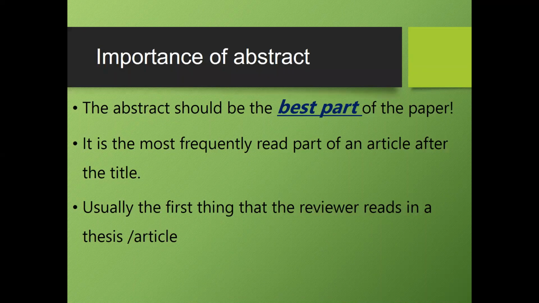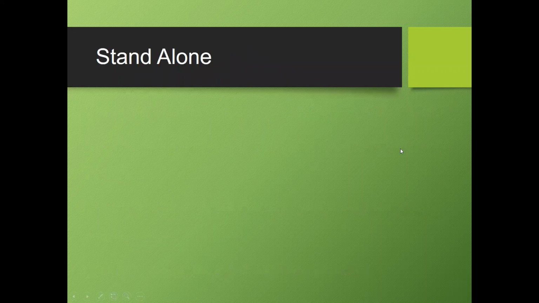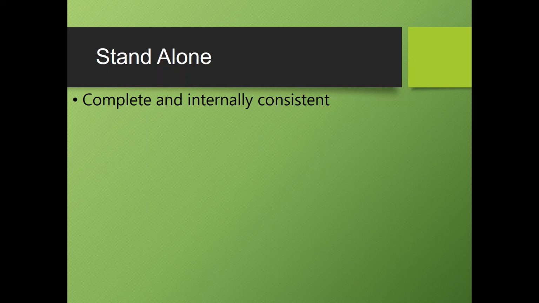So please spend some time in writing a good abstract, and we are going to discuss what a good abstract looks like. So a good abstract should be a stand-alone abstract, which means that it should be complete and internally consistent. Now, there's one thing that you need to understand, that you cannot actually summarize the whole of your dissertation or the whole of your article in those 300 words. It's impossible. It's not a fair game.